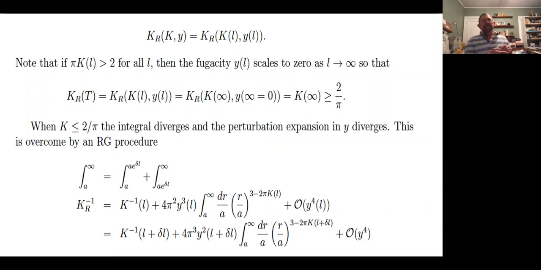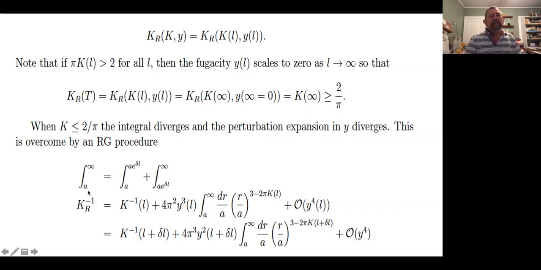If we're above TC, when this coupling constant K is less than 2 over pi, then the integral on the previous slide diverges, and the perturbation expansion in the fugacity diverges. But this divergent perturbation expansion can be overcome by the renormalization group procedure, where, remember, we have to calculate integrals from A, the physical cutoff, to infinity.